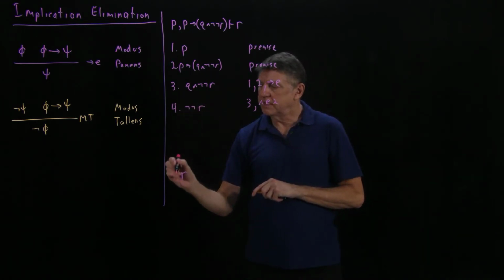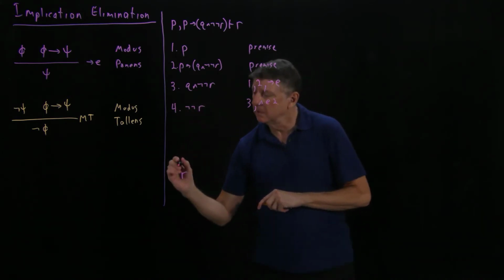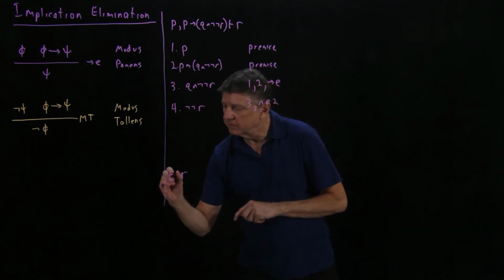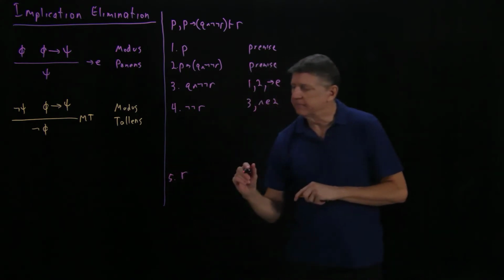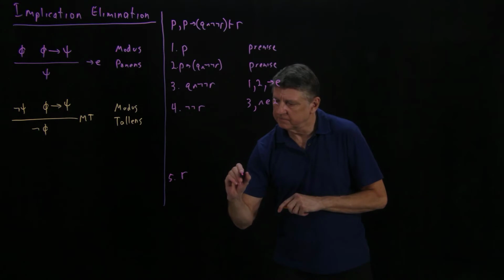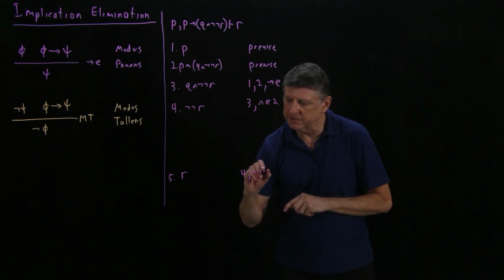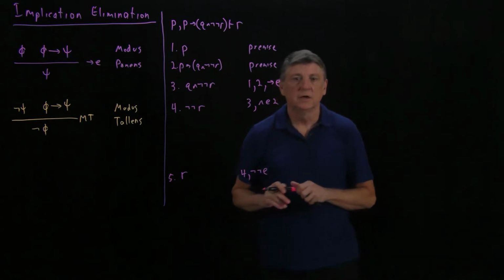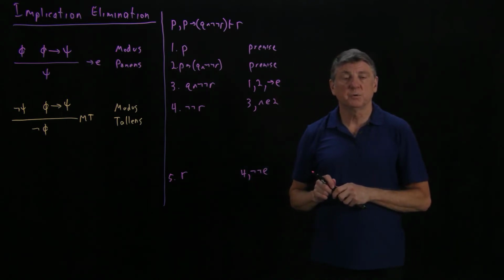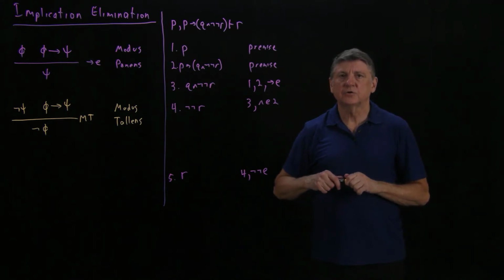Now I see that this line follows directly from this line, so my proof would be complete if I deduced R by coming from line 4 and double negation elimination. So now I've used modus ponens in a proof. Next, I'll try a different one.